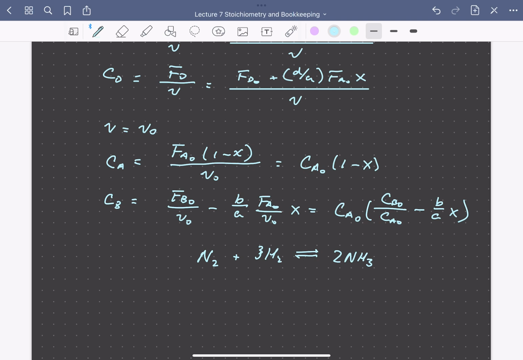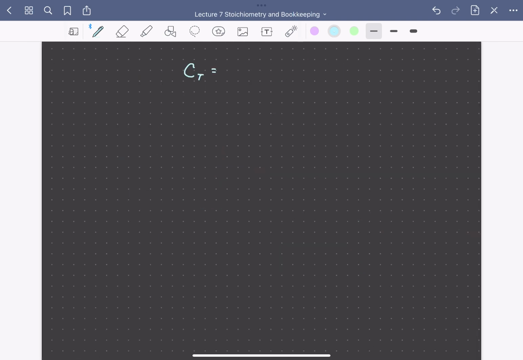So to describe these changes for a gas phase reaction, we can write the total concentration of gas phase species at any arbitrary point in the reactor. So we can write the total concentration as the total molar flow rate of all species divided by the volumetric flow rate. And so this is equal to the pressure in the reactor for a gas phase reaction divided by the gas constant times the temperature.